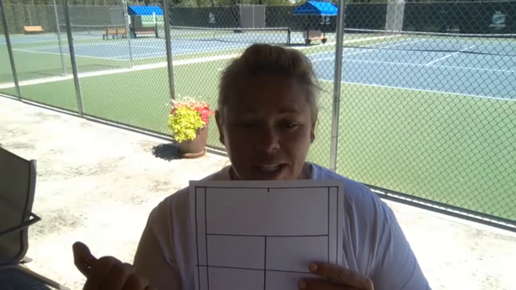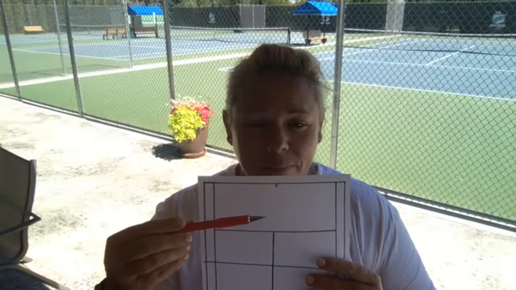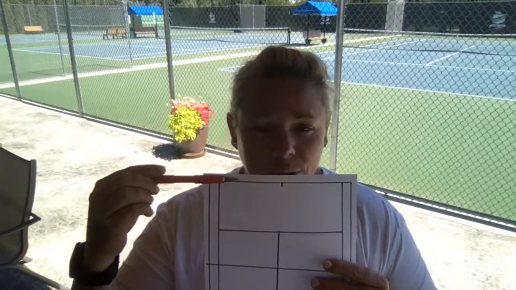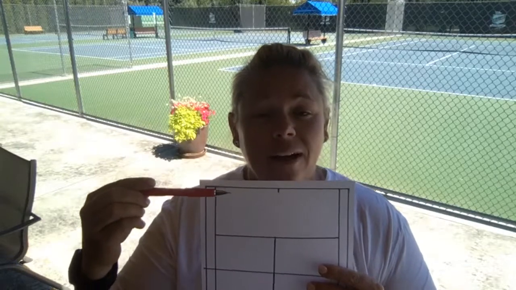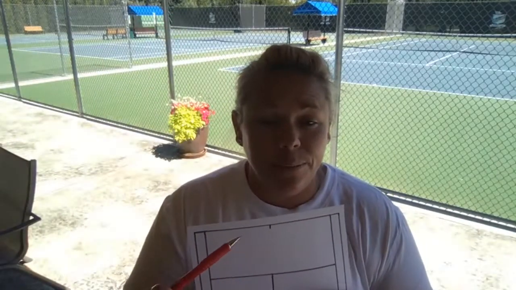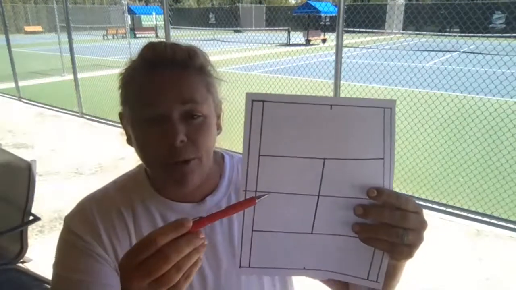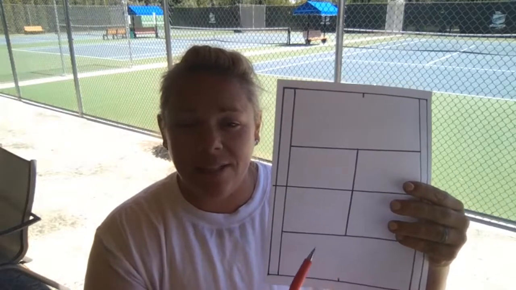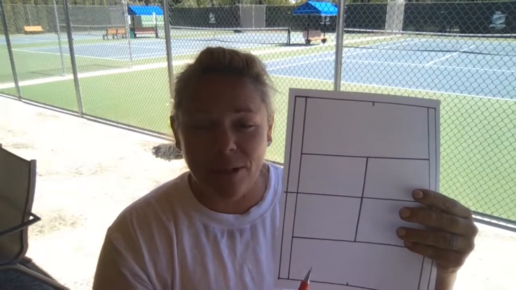So you're trying to hit it somewhere into this threshold here, pushing your opponent off the court, going back. The deeper the ball you hit, the more you'll be getting balls in this middle zone here, so that you can dictate play from here. And we're going to talk a little bit about that later.